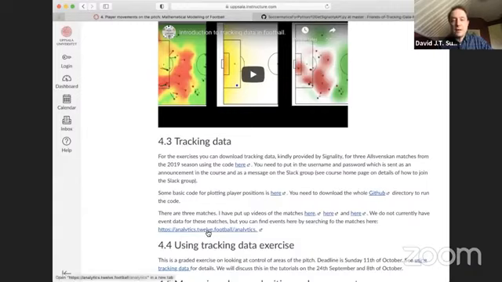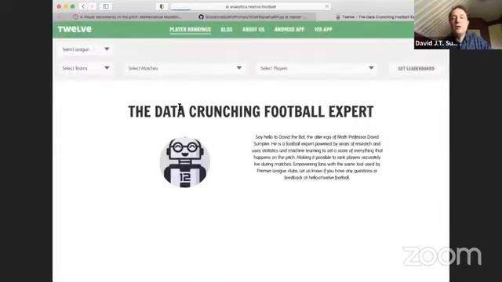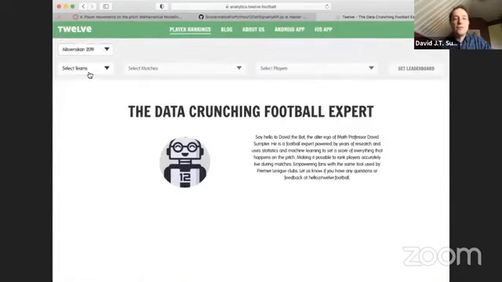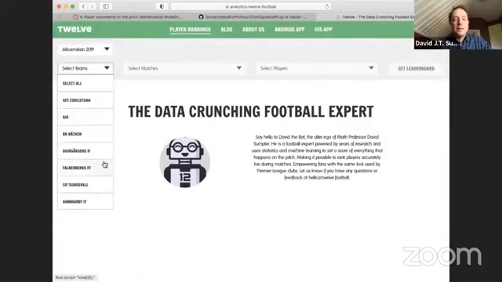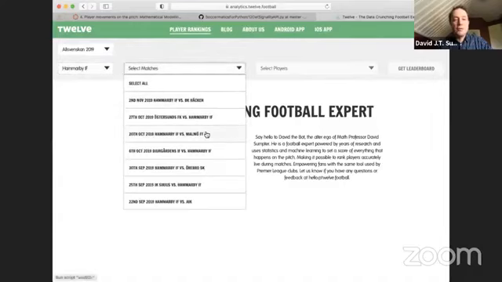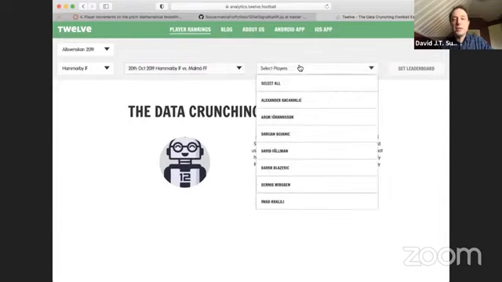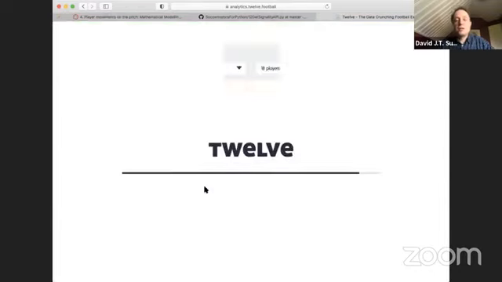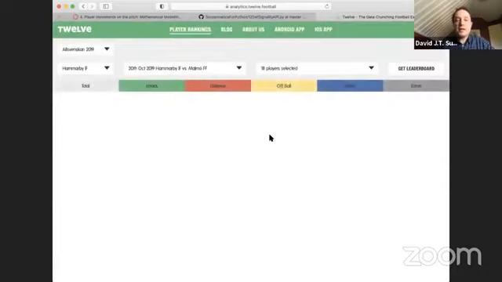We actually have event data for these matches, but if you want to look at a particular match, you can go into the 12 rating system here. And for example, if we look at Hammarby, it was Hammarby home against Malmö, for example, was one of the matches. You can look at the actions for the players here.